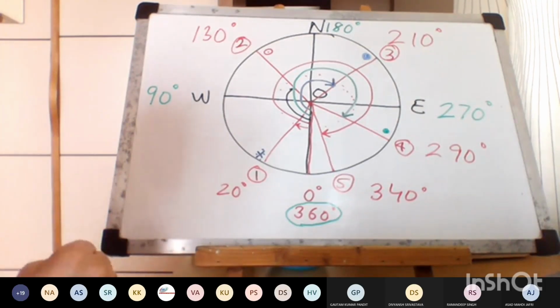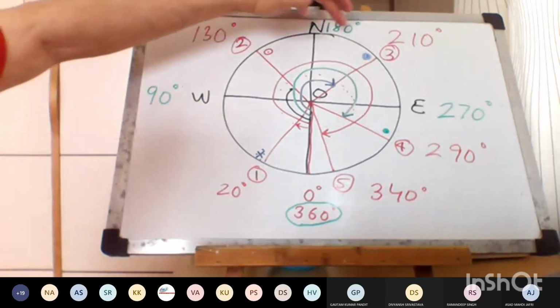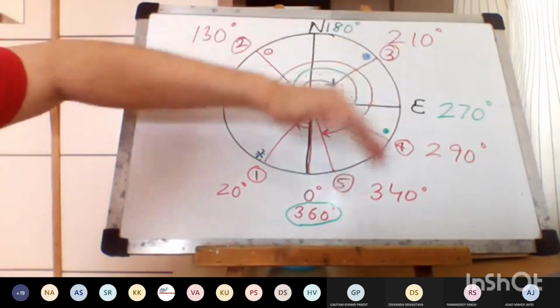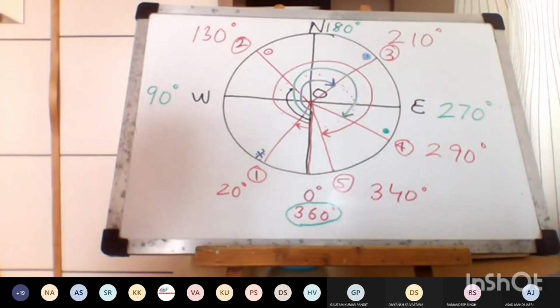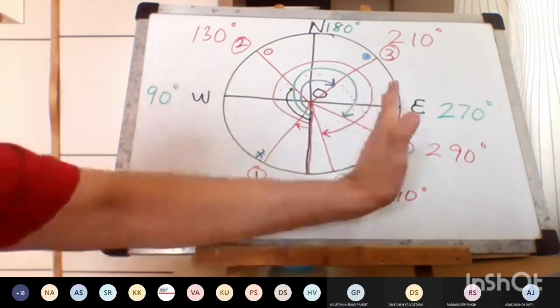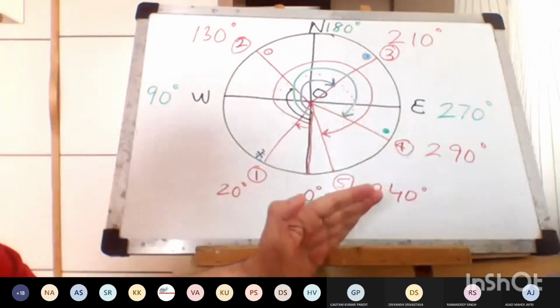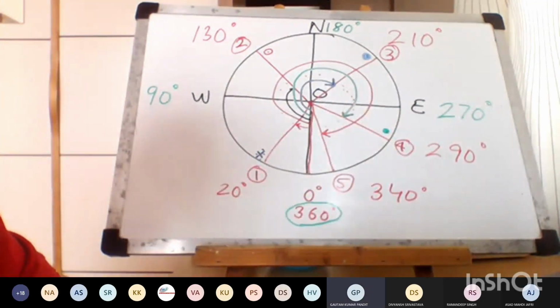If the hour angle of the body is between 180 and 360, then the body lies to the east of the observer. East. Body lies to the east of the observer.